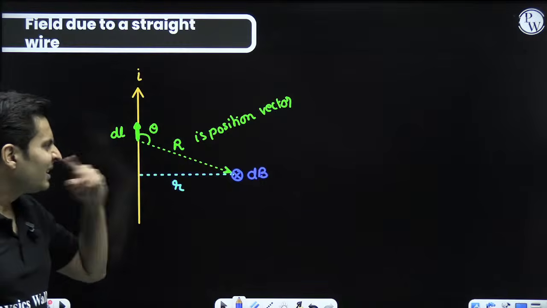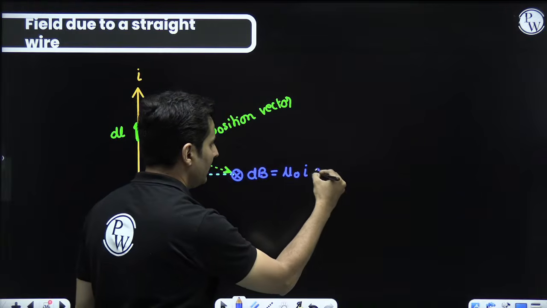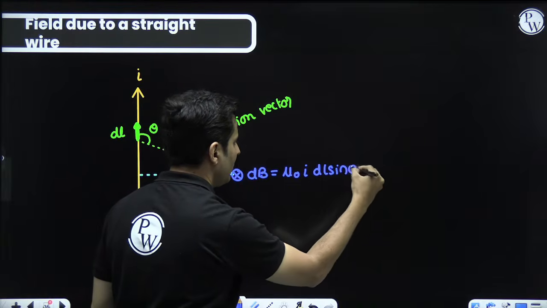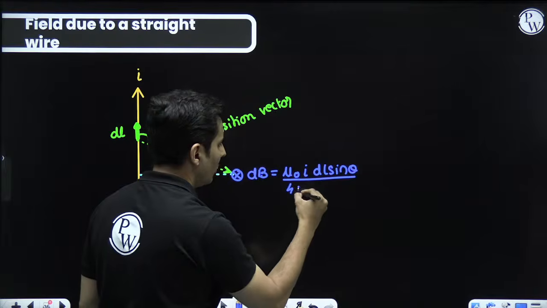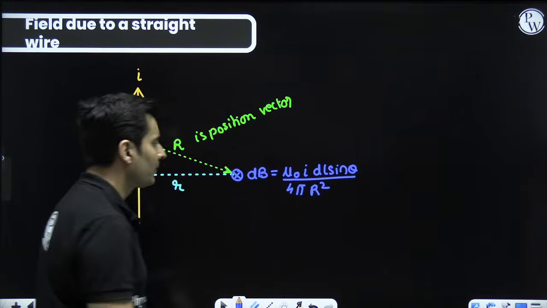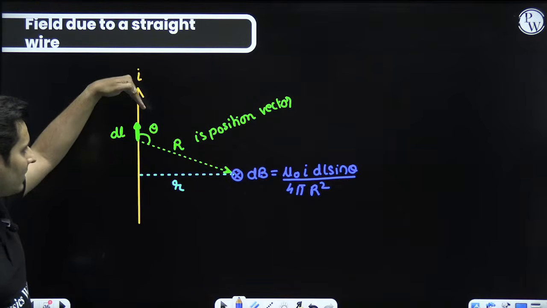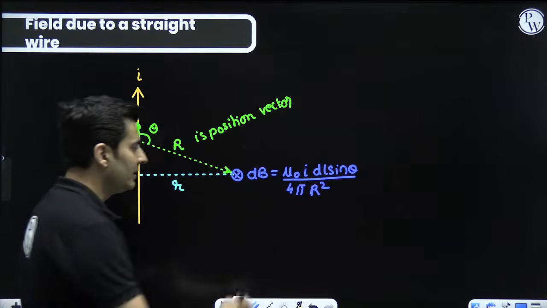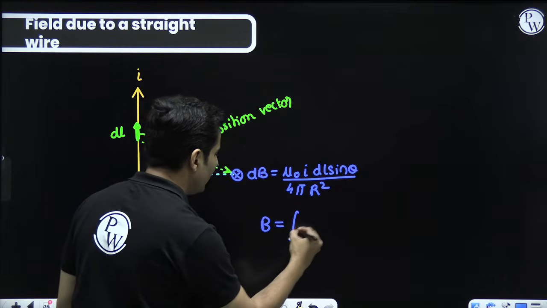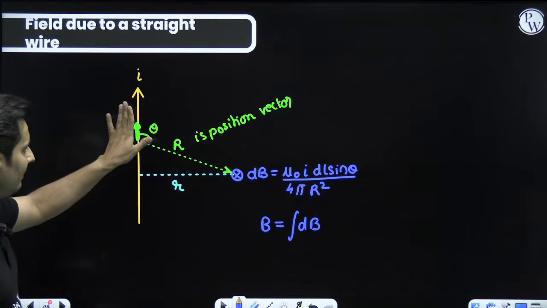Now, this dB will obviously be mu naught current dl sine theta divided by 4 pi, and then you have capital R square. But you integrate this from this point to this point, that's how you get the net magnetic field. So integrate it with proper limits, because this theta will definitely keep changing.